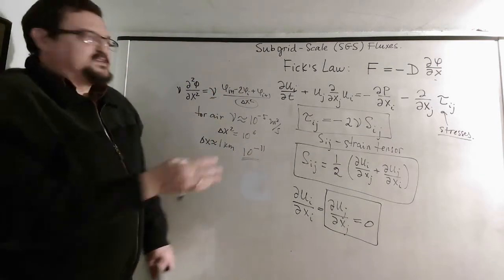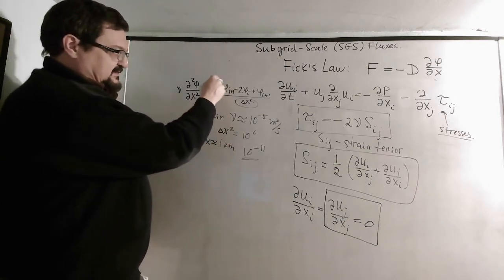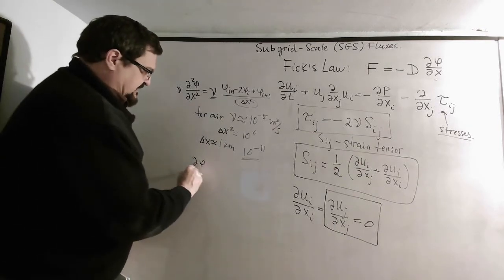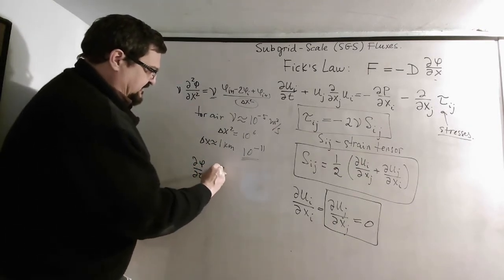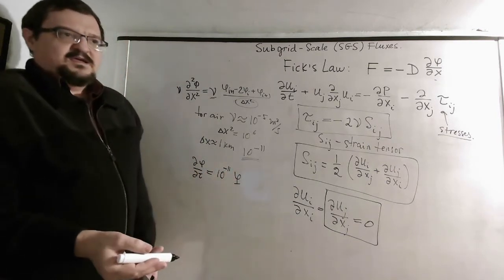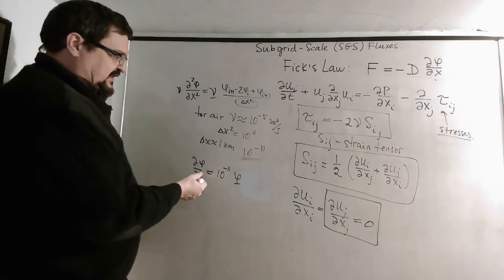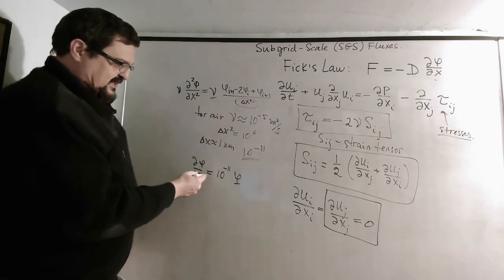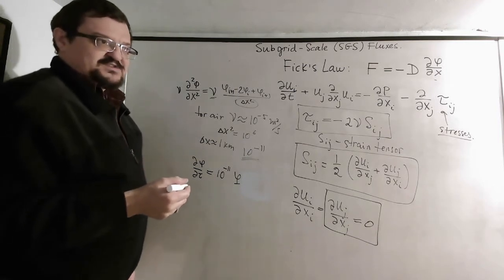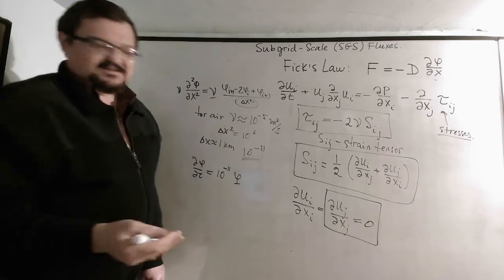And this term would be so small compared to everything. So d phi dt would be equal to like 10 to the minus 11 times phi. So that would mean that the characteristic time of diffusion on this grid using this coefficient would be in the order of 10 to the 11 seconds, which is a very long time. So we cannot do that.